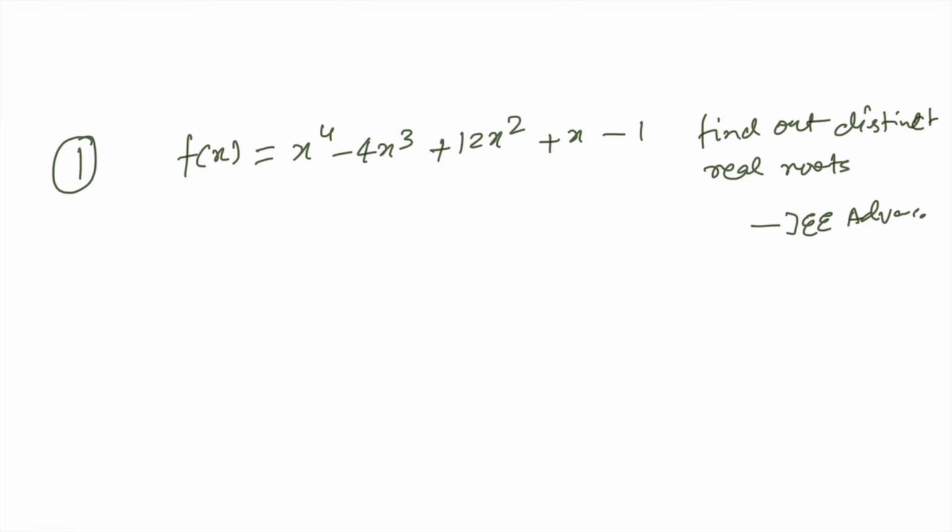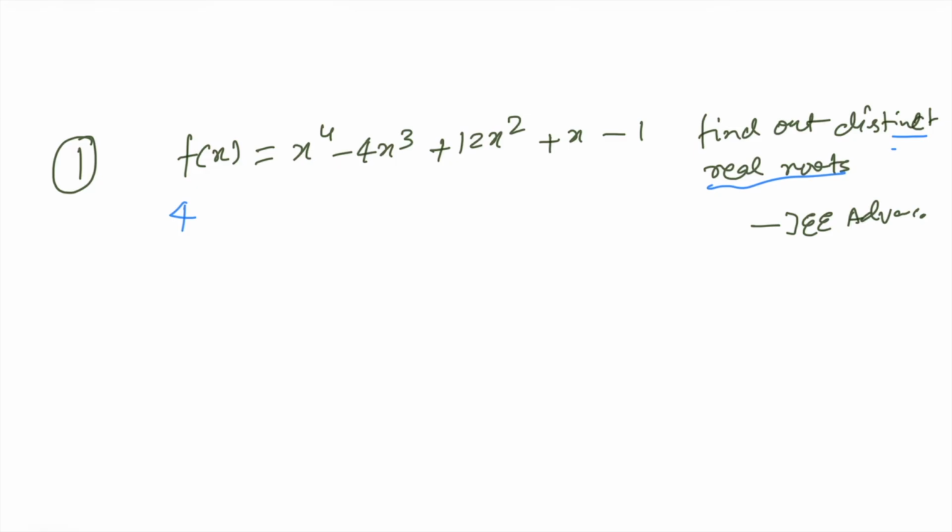Okay. So now find the distinct real roots. Now this is not a quadratic polynomial function, sorry. This is a four-root problem, quartic, whatever they say. Now it must have four roots, that's for sure. But we need to find the real roots, and that too distinct.